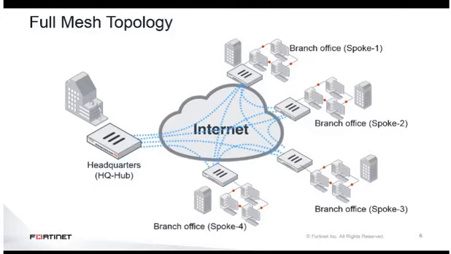This equals 3 more tunnels for each spoke FortiGate. In total, 10 tunnels are needed. If your company were to expand to 6 locations, it would require 15 tunnels. 7 locations would need 21 tunnels, and so on. You can use the formula N(N-1)/2, where N is the number of sites, to calculate the number of tunnels.